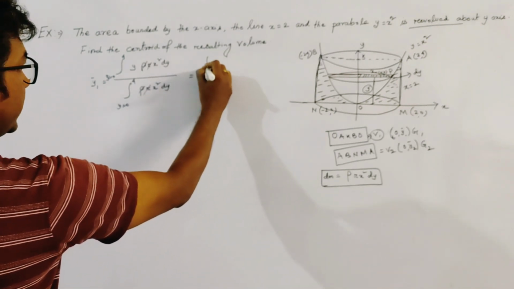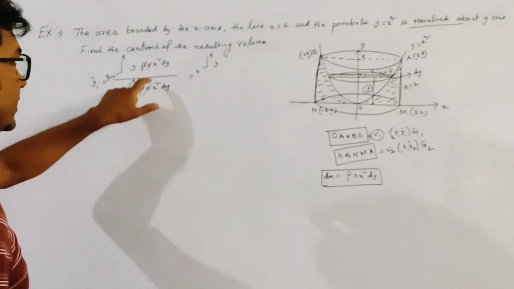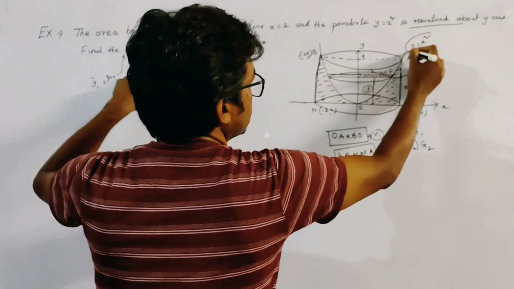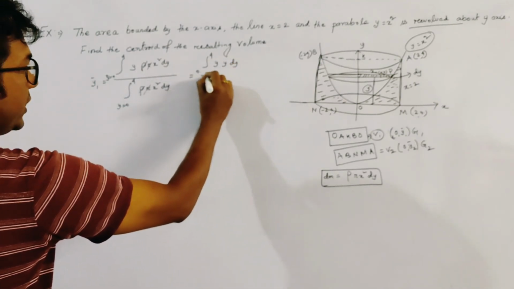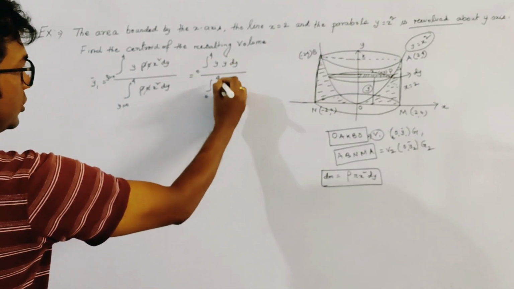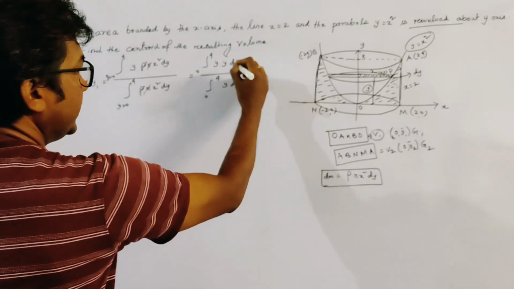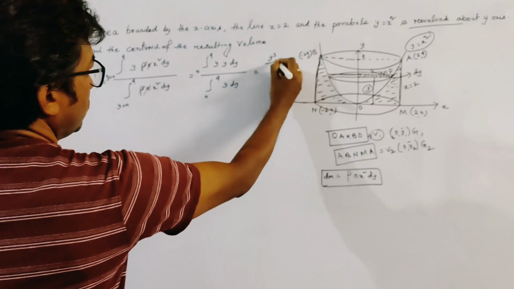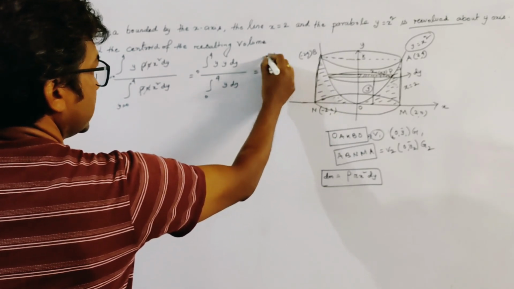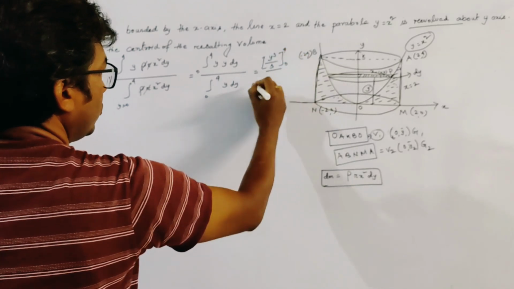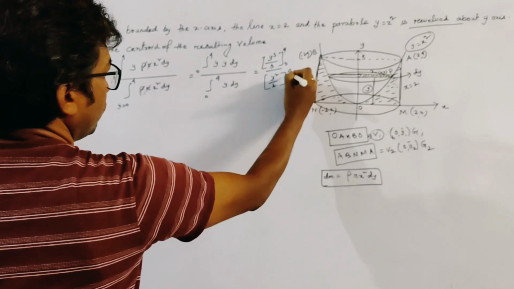Now this is given by integration 0 to 4 of y into x square. X square means also y for this curve, so we put another y dy by integration 0 to 4, this is y dy. So by integrating we get y cube by 3, and the range is 0 to 4, and this is y square by 2, the range is 0 to 4.